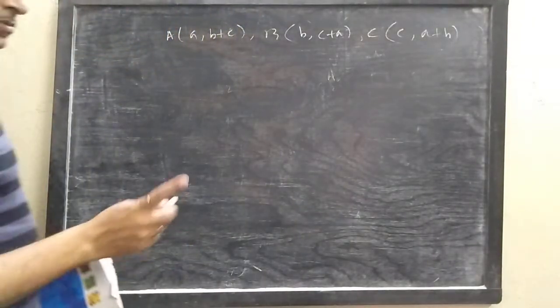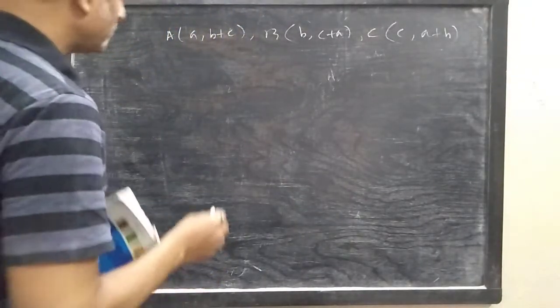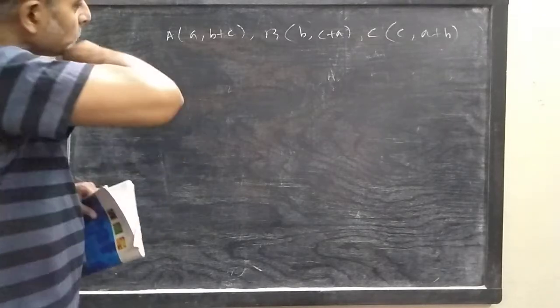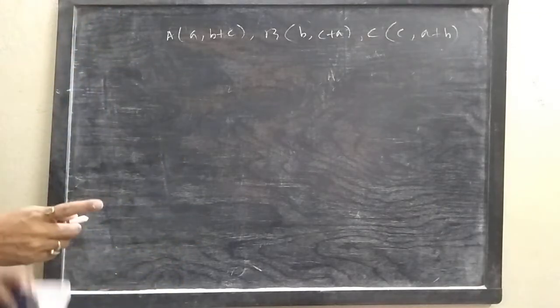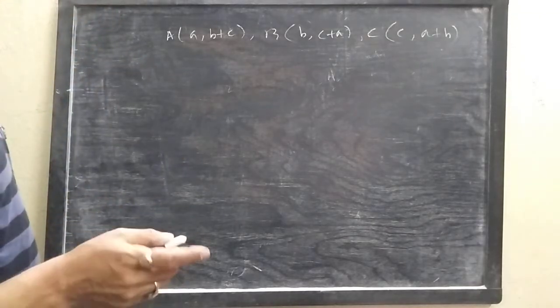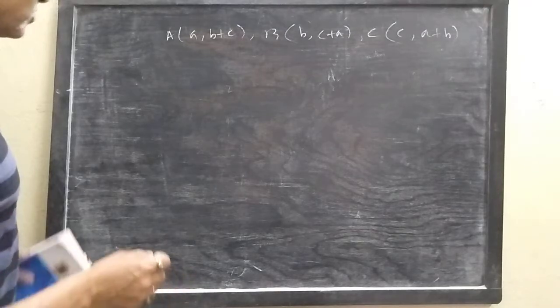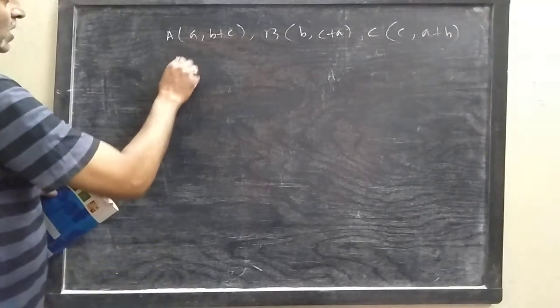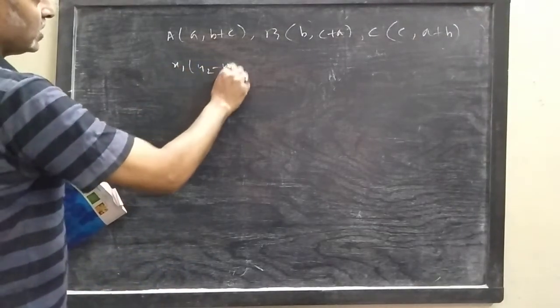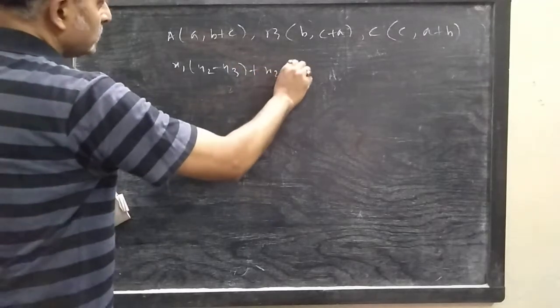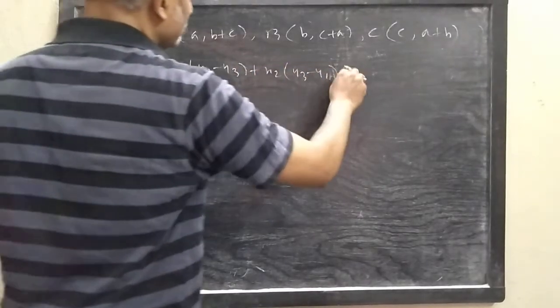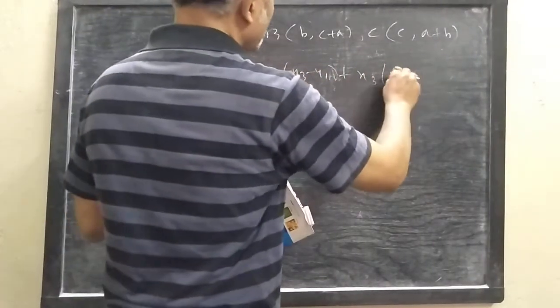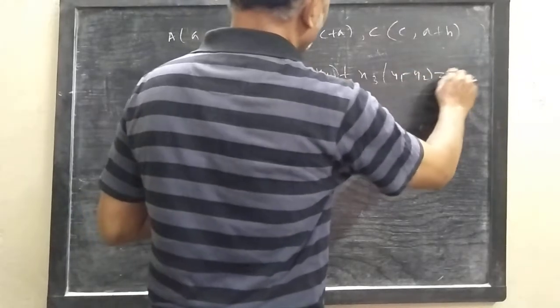How can we show this? We have learned the condition for collinearity. Write down. We know points x1 y1, x2 y2 and x3 y3 will be collinear if x1 into y2 minus y3 plus x2 into y3 minus y1 plus x3 into y1 minus y2 equals 0.